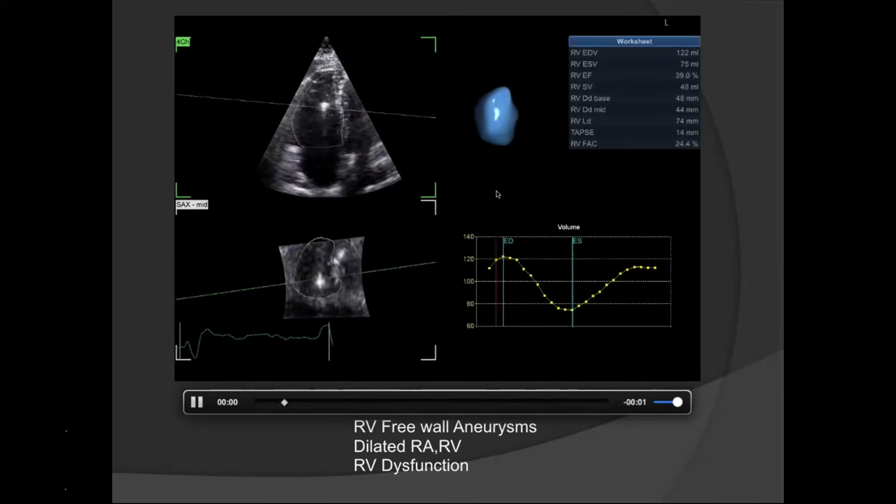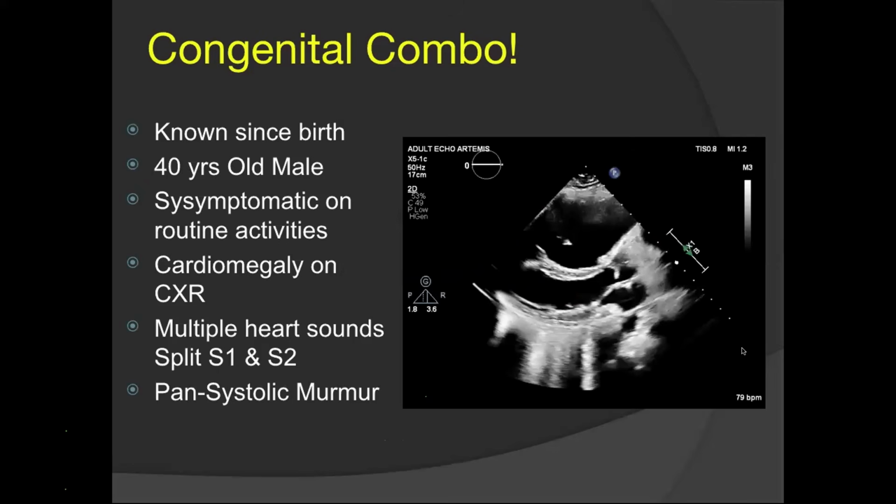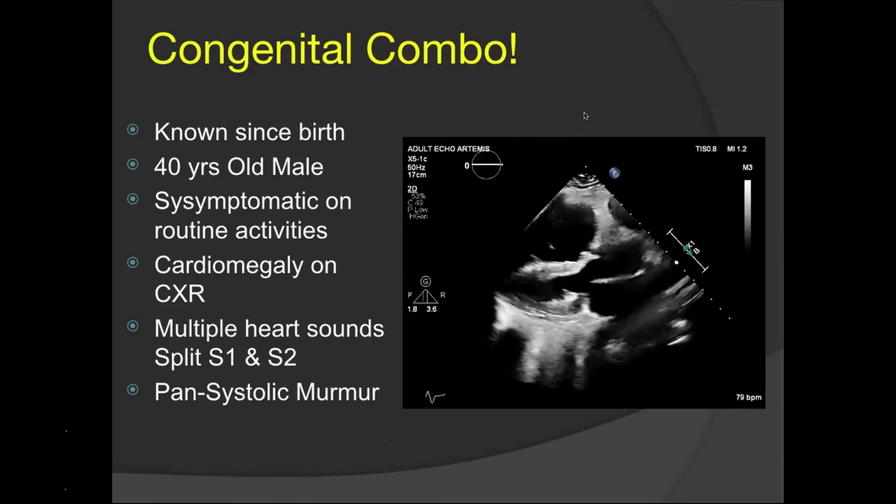So wherever available, we should incorporate these, measure these values if we have enough experience with this kind of analysis, and report comprehensively based on our findings, not sticking to just linear parameters, because we have evolved in right heart. We have moved to volumes now indexed to body surface area, and they should be incorporated in our reporting.